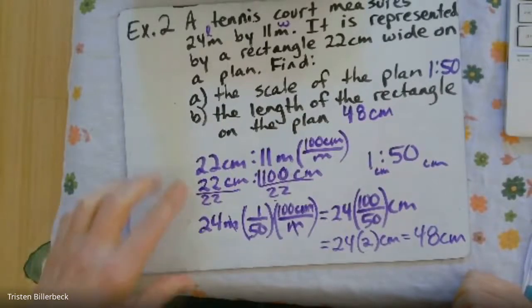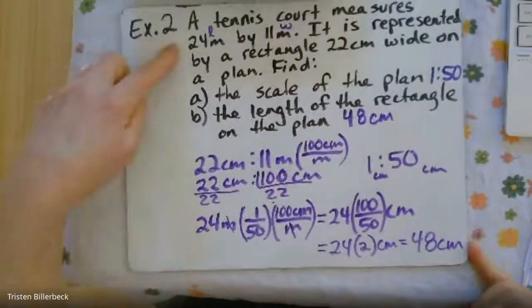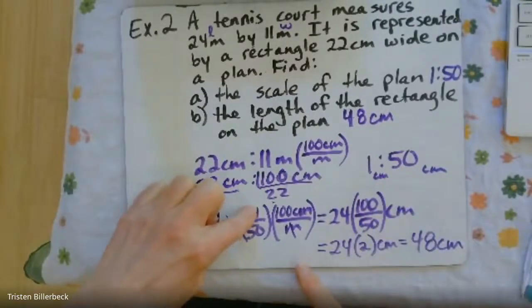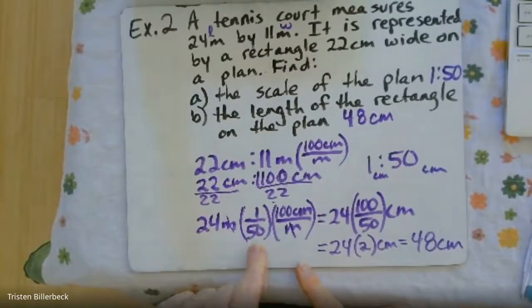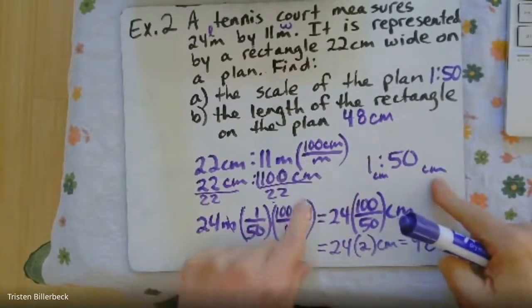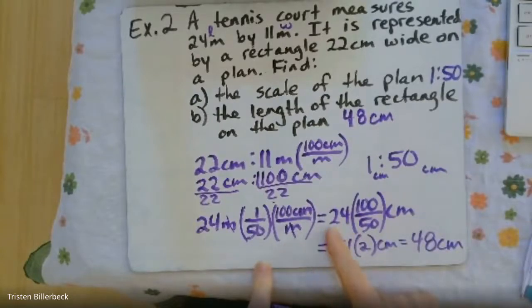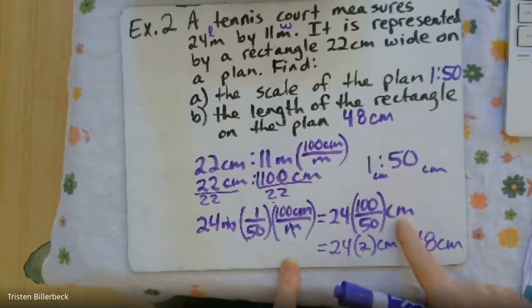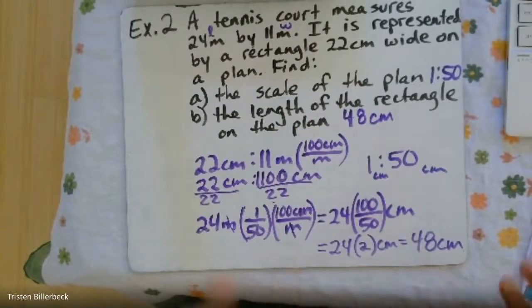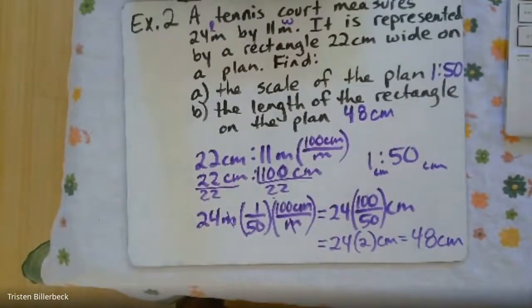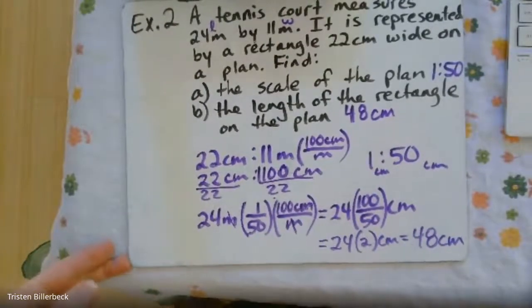So you take the number for length, and if we don't know what that is, we use this scale factor here. So we put the drawing over the actual, and then if this is meters and we're doing centimeters, we have to do the conversion right here, and then 24, and then we use 100 over 50 to convert to centimeters, which is 2, and we get 48. Well, there you have it. Hopefully my mistake will benefit you.